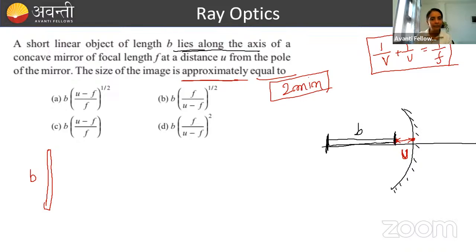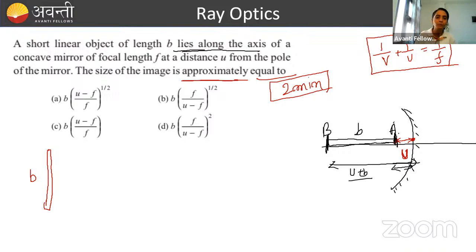The first end will have object distance U, and the other end will have object distance U plus B. So we can calculate the image distance for one end, इसको A ले लो, B ले लो. Find the position of image of A and the position of image of B. If we know the image positions of A and B, we can say what will be the length of the image of AB. So we can solve and find it out.